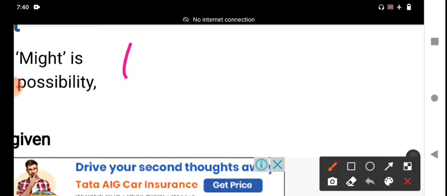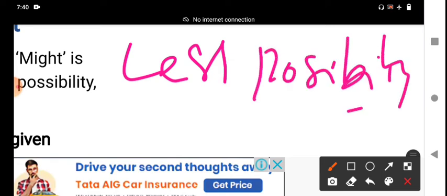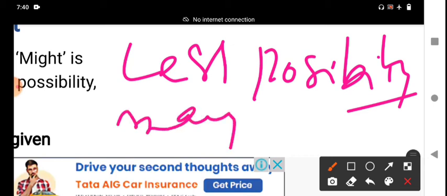Might shows less possibility than may. This is more important. We have the definition, the introduction. May is more possibility.